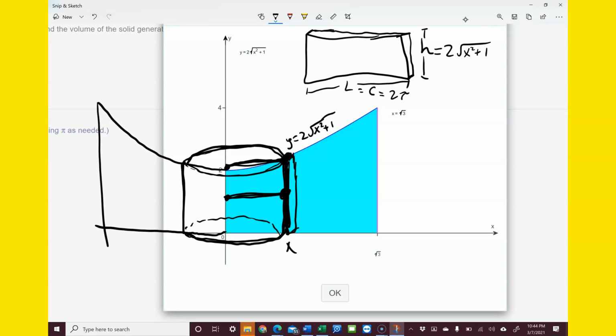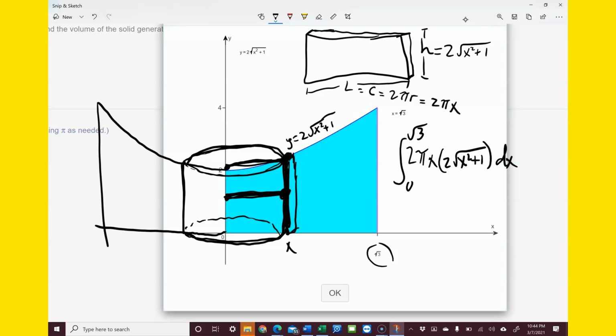So it's 2 pi r, but r in this case is going to be x, so 2 pi x, because x is the radius here. And I'm integrating this from 0 to here, from 0 to square root 3. So it's the integral of 2 pi x times 2 square root of x squared plus 1 dx from 0 to square root 3.